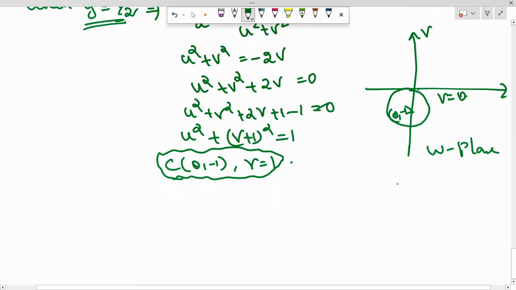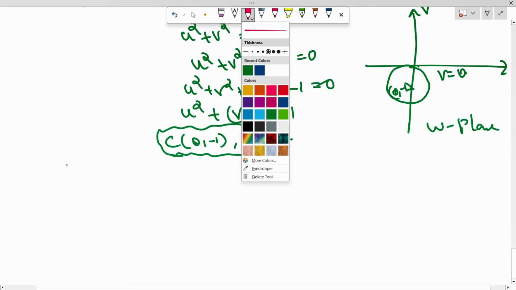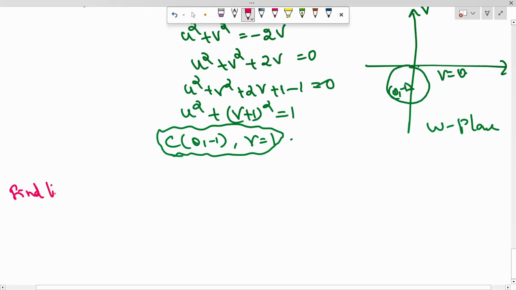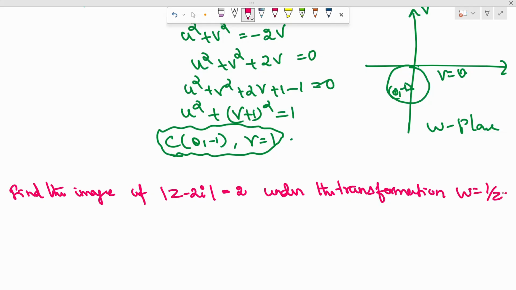Next problem. Find the image of modulus of z minus 2i equal to 2 under the transformation w is equal to 1 by z.